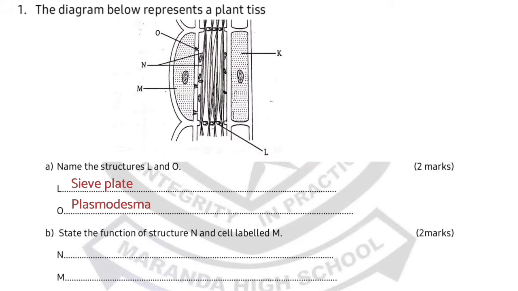Now let's briefly talk about this. So when you talk about plasmodesmata, these are tiny channels that pass through the cell walls and by doing so directly connect the companion cells with the sieve tube elements. Now, in a phloem tissue, we are going to have two main components. We have the companion cells, okay?